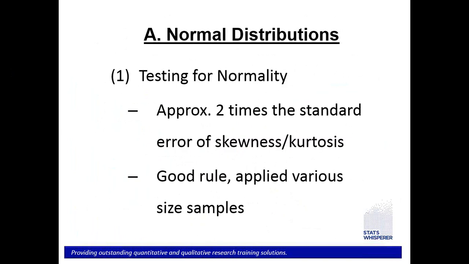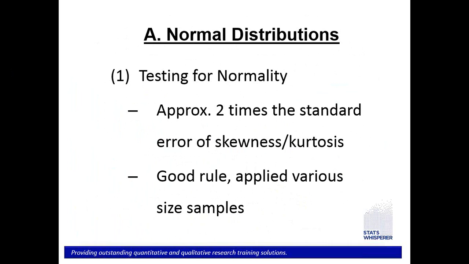For example, you could look at the ratio of the skewness and kurtosis to the standard error of each, right? So what's the ratio of skewness to the standard error of the skewness, and kurtosis to the standard error of kurtosis? If the ratio is, say, 2 times or 3 times, then the distribution is assumed to be approximately normal.